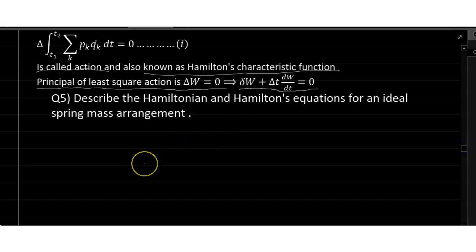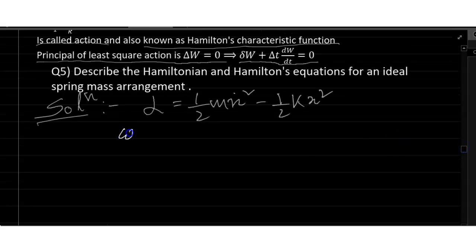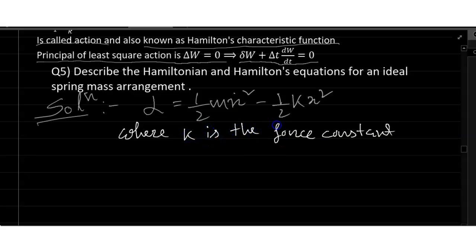Now we describe the Hamiltonian and Hamilton's equations of an ideal spring. Here we know that L equals half m x dot whole square minus half k x square, where k is the force constant.